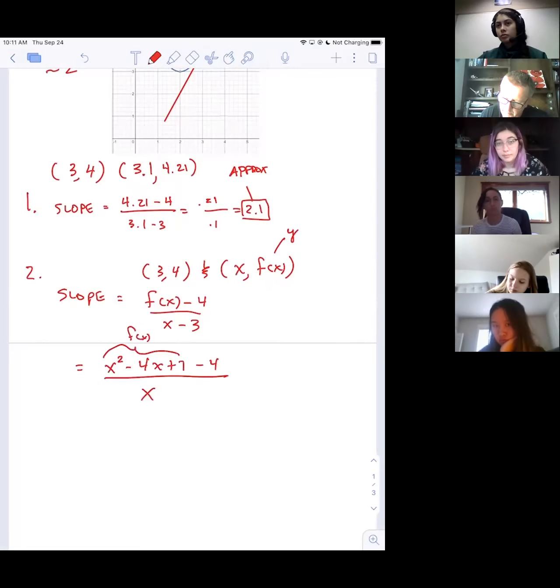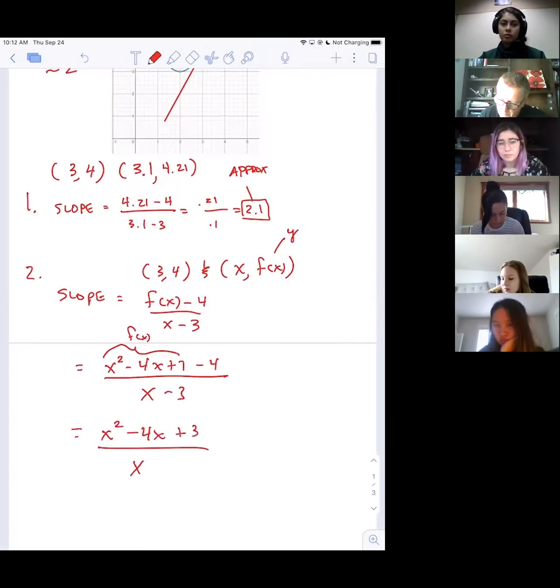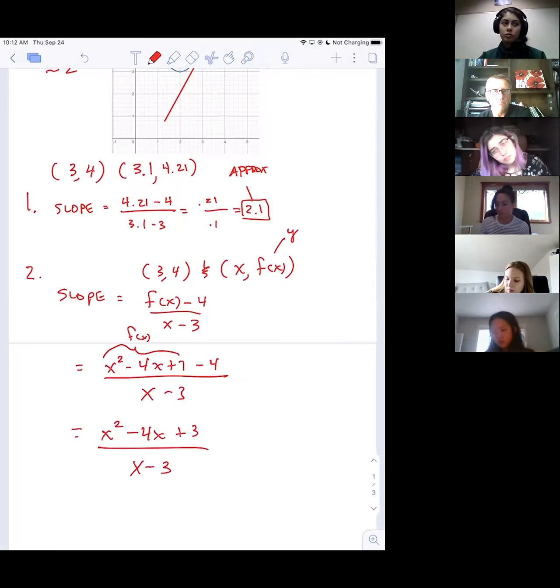And I can't really do anything to the bottom. And then I guess I could clean the top up a little bit, like it's x squared minus 4x, but then there's a plus 7 and a minus 4, which comes out to plus 3. And so that's nicer. But again, what good does that do? It's not like you can look at that and go, oh, yeah, look, the slope is 2. Can we factor that? Yes.